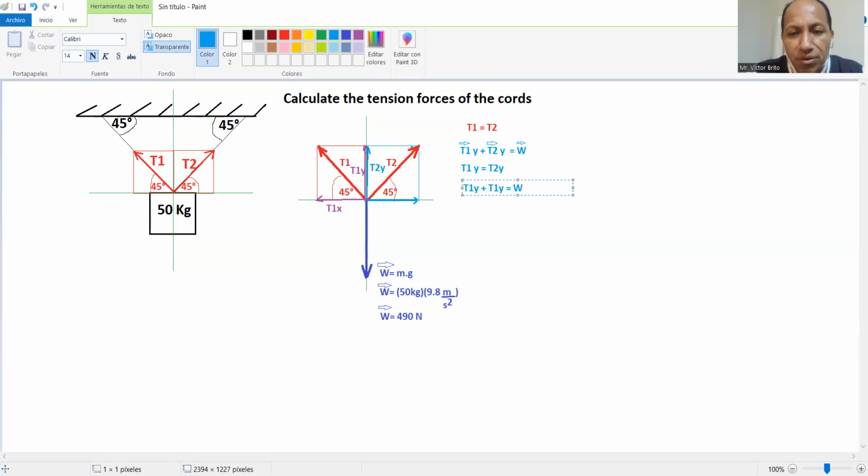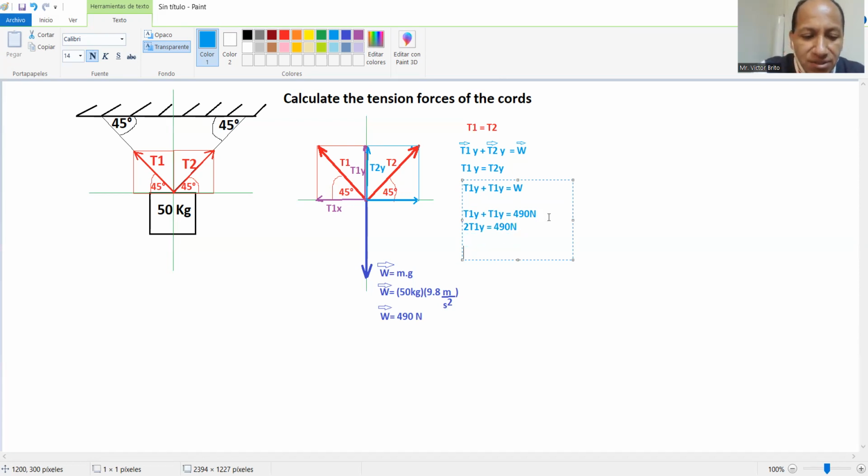And if you remember, the weight was specifically 490 newtons. So tension 1 in Y plus the tension 2 in Y equals 490 newtons, right? But instead of tension 2, I put tension 1 once again, because it's the same value. So I can easily conclude that 2 times the tension 1 in Y equals 490 newtons.